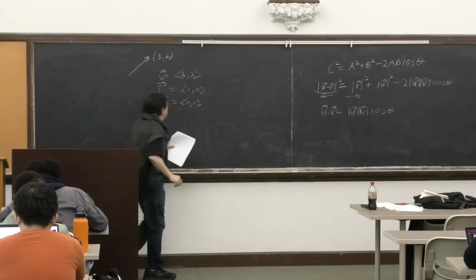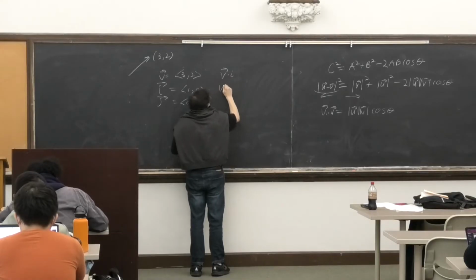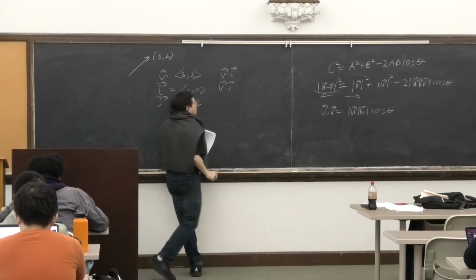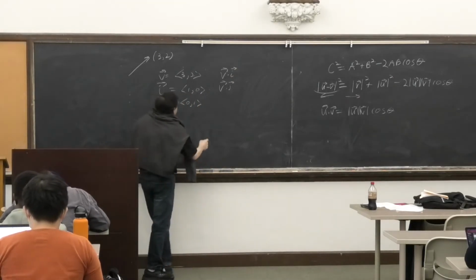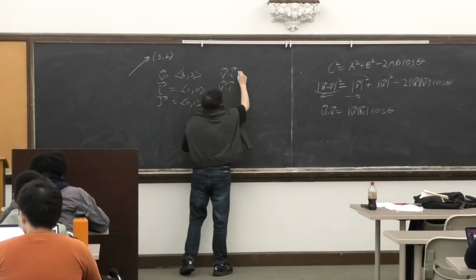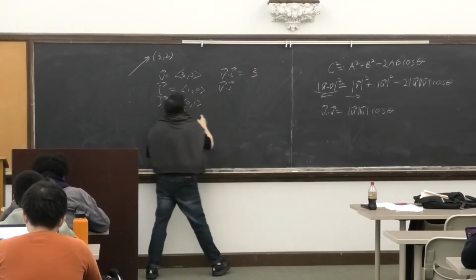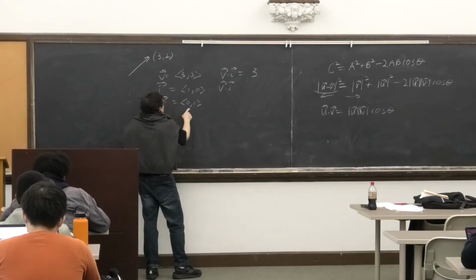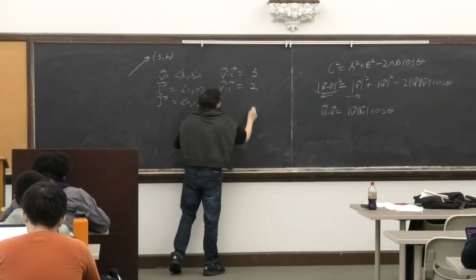So I want to take a look at what v dot i is and v dot j. Well, using our first definition, v dot i is just going to be 3 times 1 plus 2 times 0, which is 3. And v dot j is just going to be 3 times 0 plus 2 times 1, which is 2.